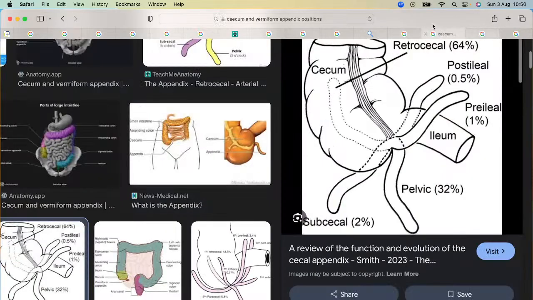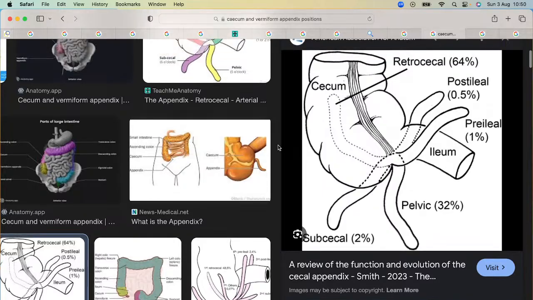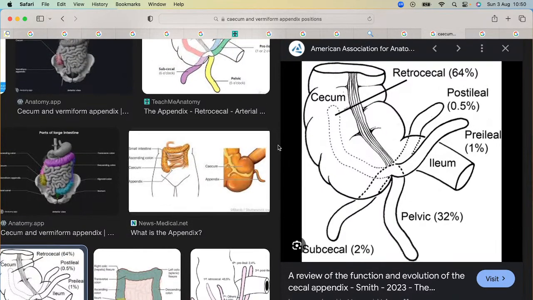Then the cecum and the vermiform appendix. Two questions that are usually asked here are the positions of the vermiform appendix. There are 6 positions. Here in this diagram 5 are shown, but there is also another one. The most common position is the retrocecal position, which runs behind the cecum.